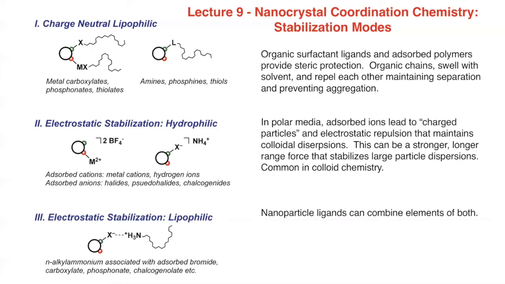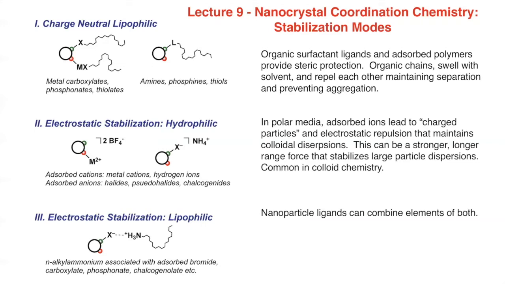They have ligands bound to them, like amines and thiols, or metal carboxylate or thiolate complexes, or phosphonates are a good one. And they have these organic tails that hang off the surface and make the particles soluble in hydrocarbon solution.